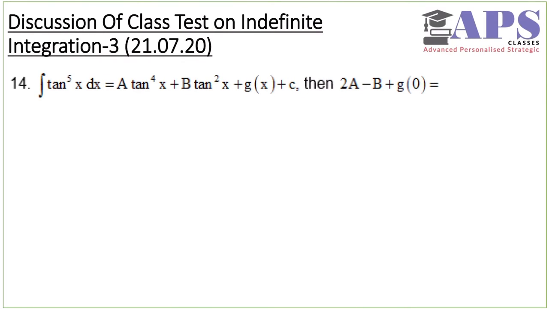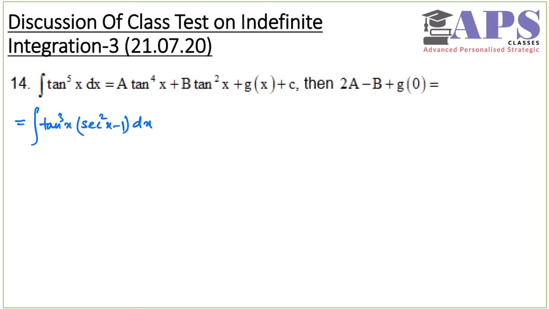So these questions are based on reduction formula, or you can directly do it like this. You take tan to the power 5 as tan cube x into tan square x, and tan square x is sec square x minus 1 dx.